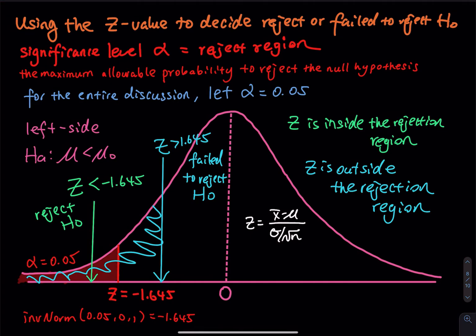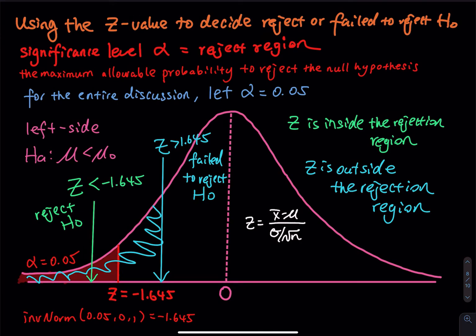It's from negative infinity all the way to the blue cut. The next question is the red region and the blue region, which one is bigger? Of course, the blue region is bigger. That means the p-value of the blue Z is greater than the rejection region. Therefore, we fail to reject the null hypothesis.